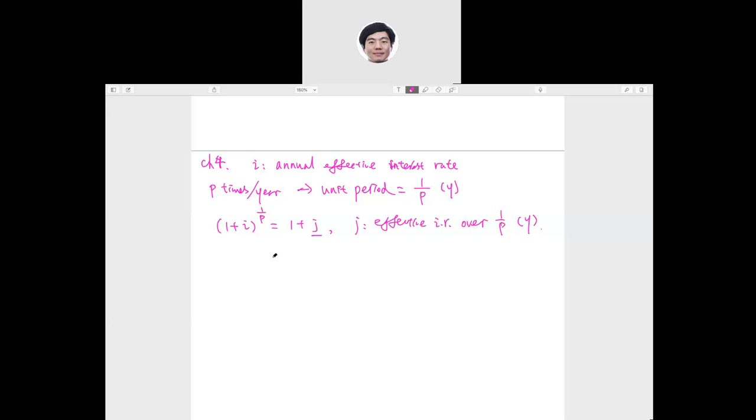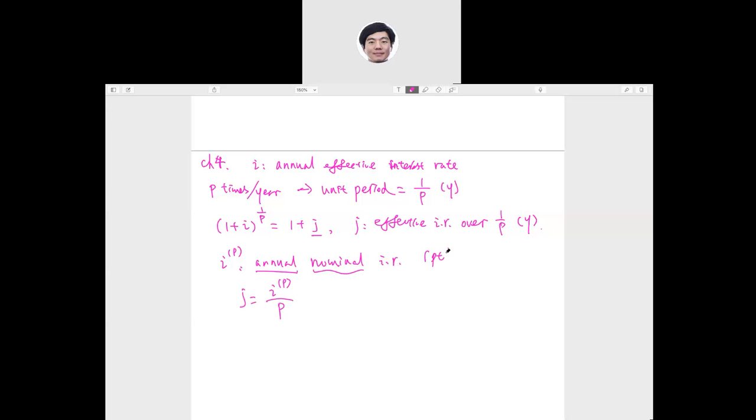And we introduce I upper P, the annual nominal interest rate. So it's annualized and it's nominal. The only place you actually use it is the pthly.